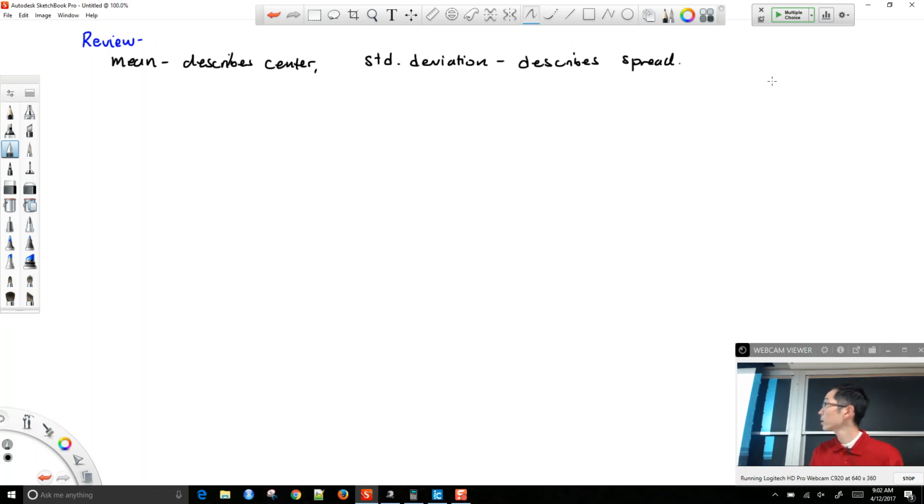And if we were to follow the guidelines, the mean and the standard deviation should be used for what shape data? The guidelines are that we might prefer the mean and standard deviation for symmetric data.